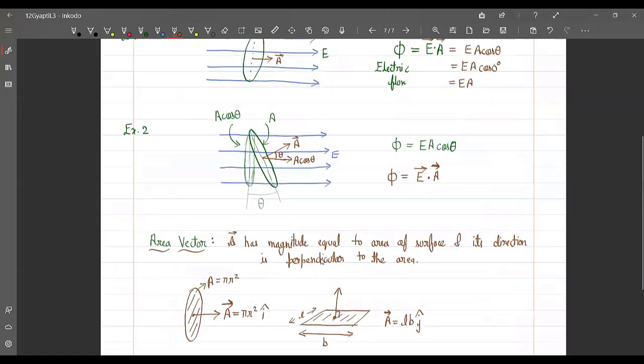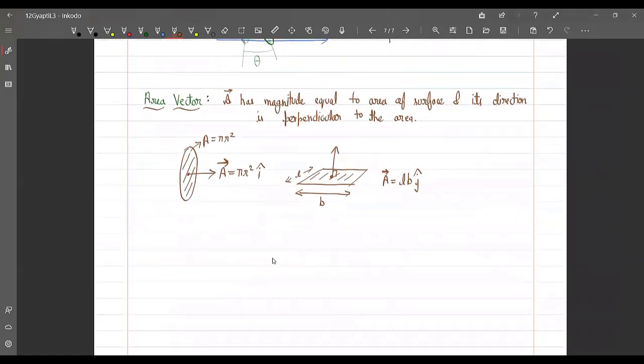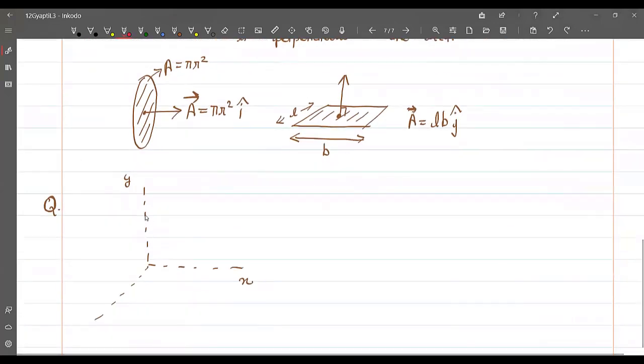So I'll give you some basic problems on calculating flux then. Now this is a square in the YZ plane.